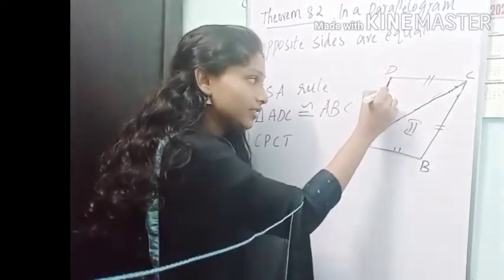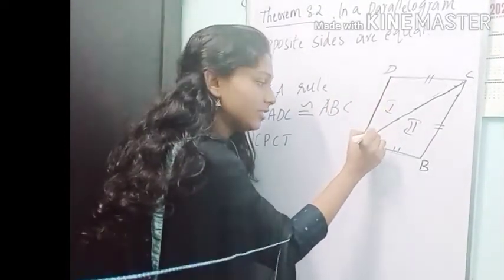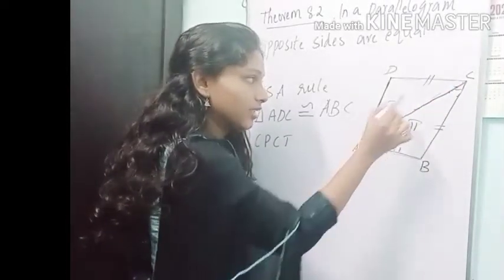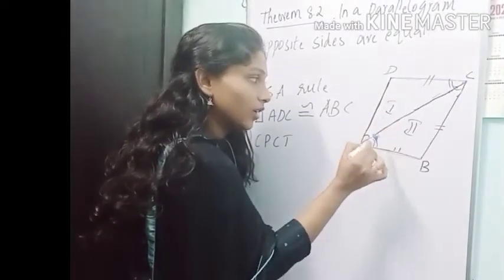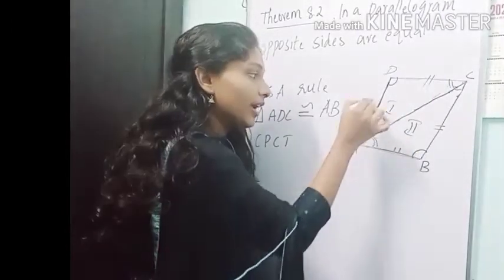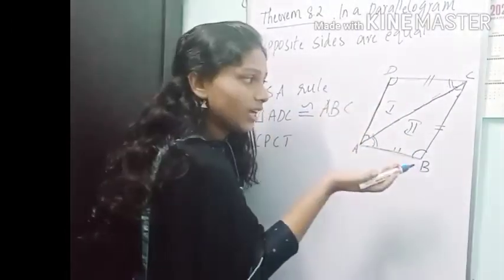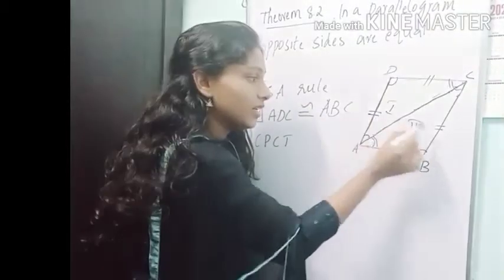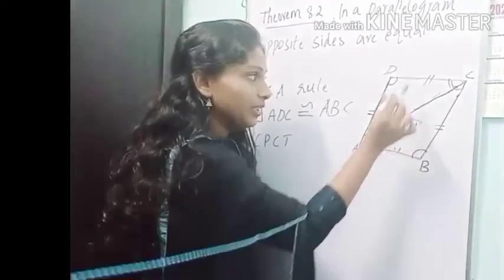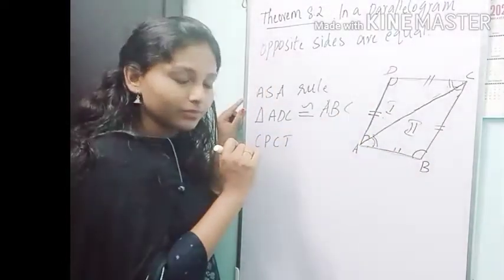So we can say that this angle and this angle are equal, and this angle is equal to this angle. And what about the sides? All sides are equal. So AD is equal to BC and AB equal to DC.